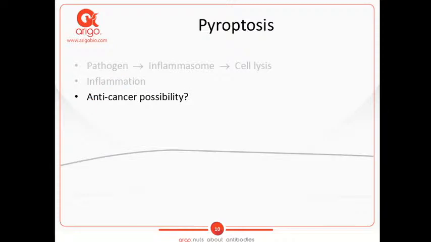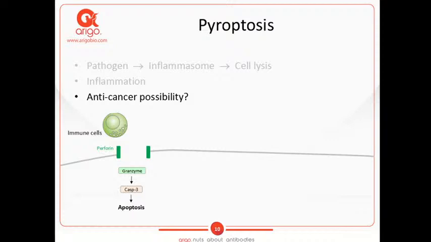So the next question is whether ferroptosis has anti-tumor, anti-cancer possibility. Please recall that the immune cells release granzyme to activate caspase 3 and induce apoptosis. That is cytotoxicity.